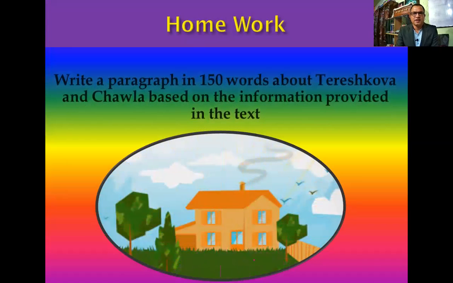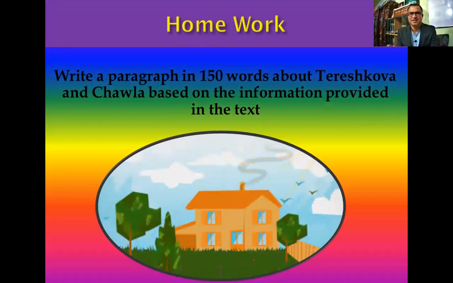Now, I have set a homework for you. You are told to write a paragraph in 150 words about Tereshkova and Kalpana Chawla based on the information provided in the text.